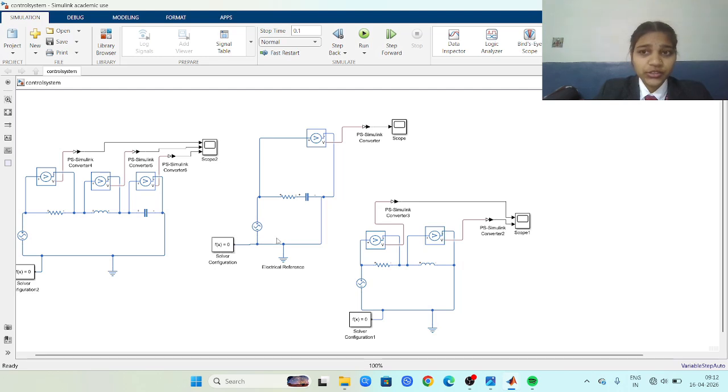In addition to simulation, we have also solved one example, and here we have used the Laplace S transformation, which is a powerful mathematical tool used to simplify circuit analysis. It converts the time equation into the S domain, making the complex circuit simple. Capacitors and inductors are represented as impedances.